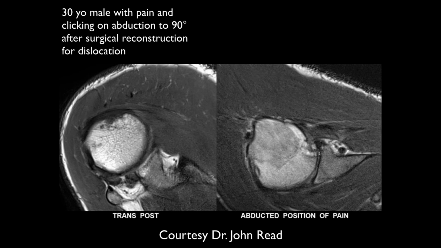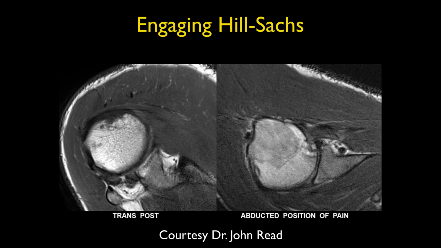So what's happening here? Okay, so there is actually some deformity of the anteromedial humerus. It's like a reverse Hill-Sachs. Well, what's happening here is that they're placing the patient in the position where they have the pain, and what's happening is that the glenoid is engaging into the Hill-Sachs lesion.